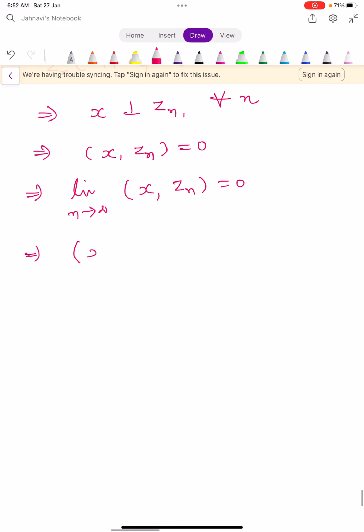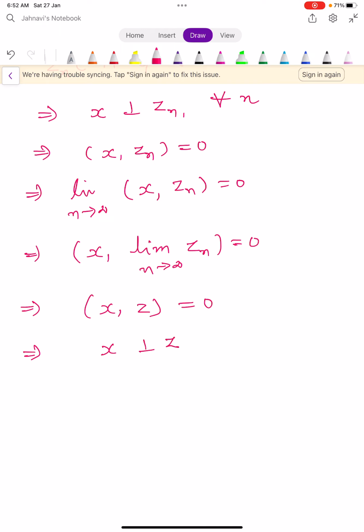It means the inner product of x comma the limit of Zn is equal to 0. Again this implies the inner product of x comma z is equal to 0, so x is perpendicular to z. If x is perpendicular to z, then obviously x is perpendicular to M bar.